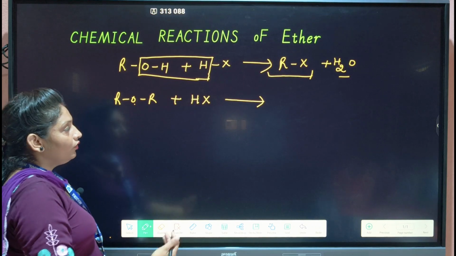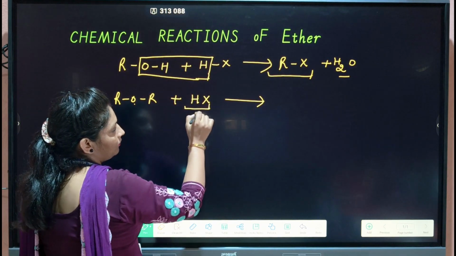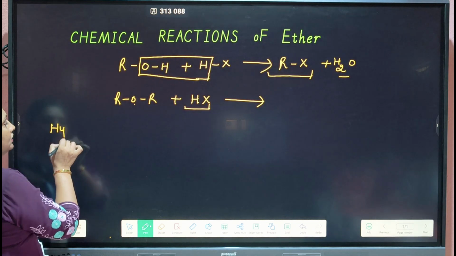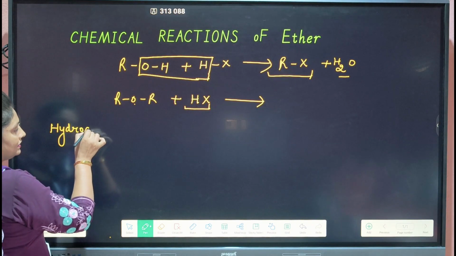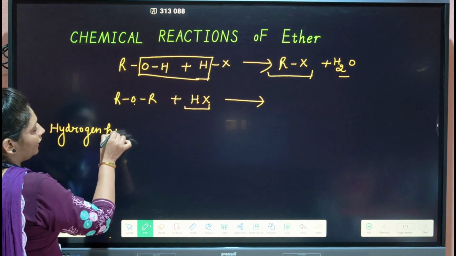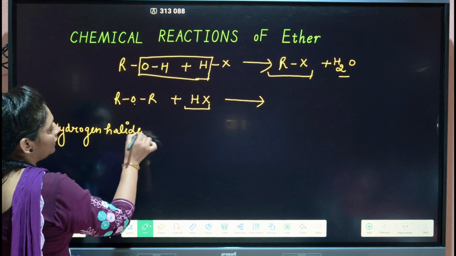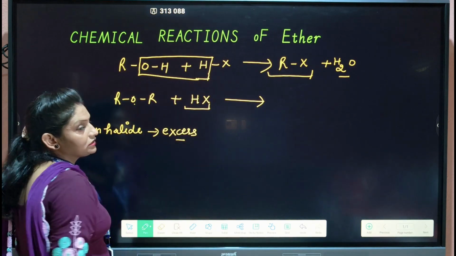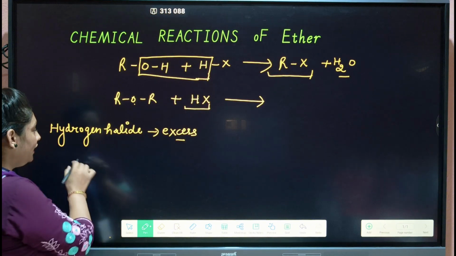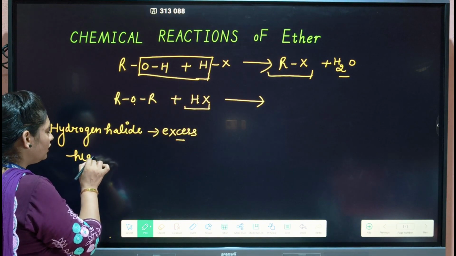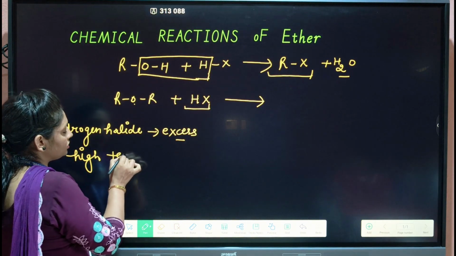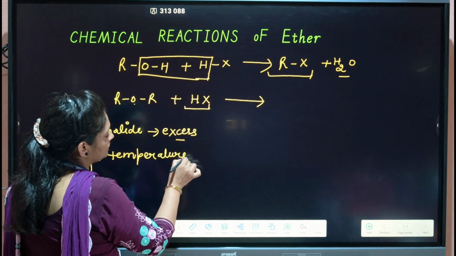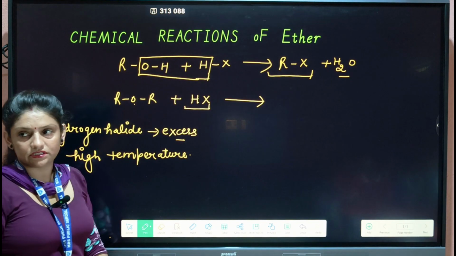So this reaction can take place when we take hydrogen halide in excess, excess concentration of this, and in the presence of high temperature. Means in drastic conditions, the reaction can take place.